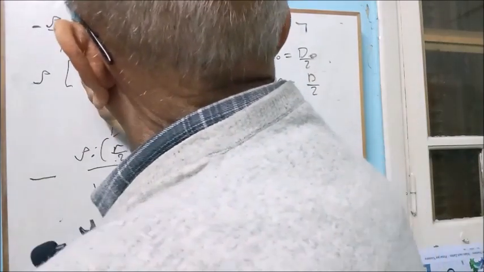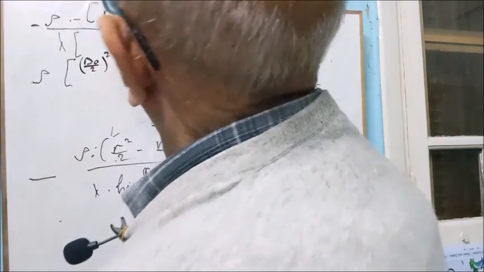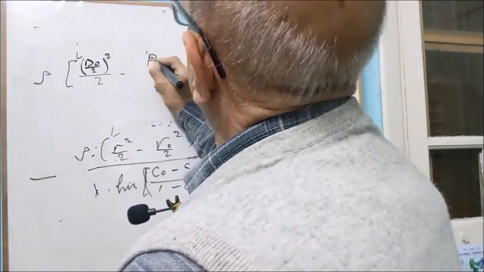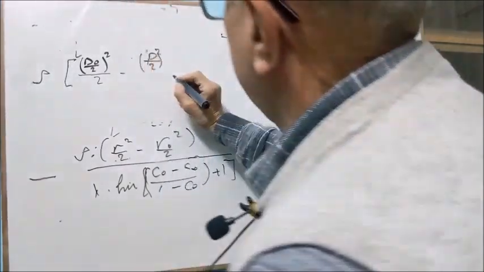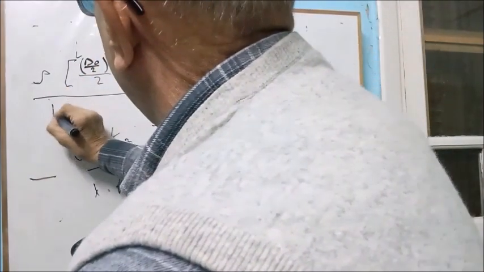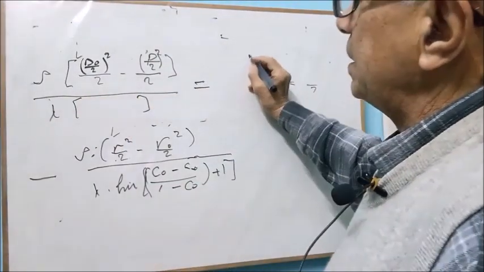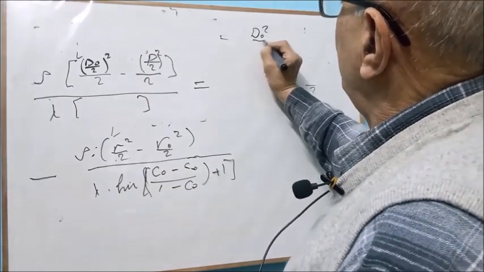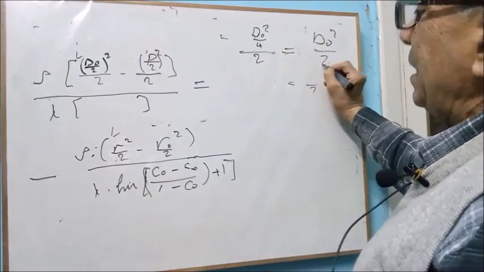So here we'll have (d0 over 2) all squared over 2 minus (d over 2) all squared over 2, over lambda times the ln term. We obtain here (d0 over 2) all squared, that's d0 squared over 4, over 2, that makes d0 squared over 8.